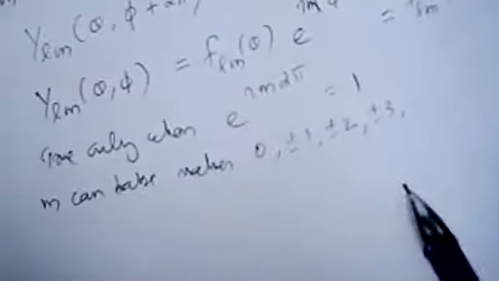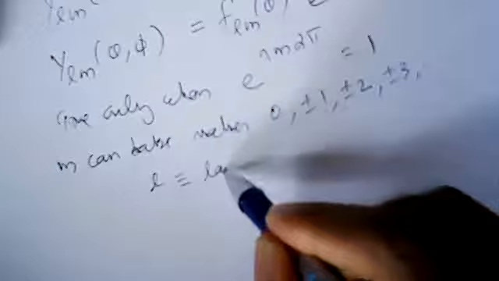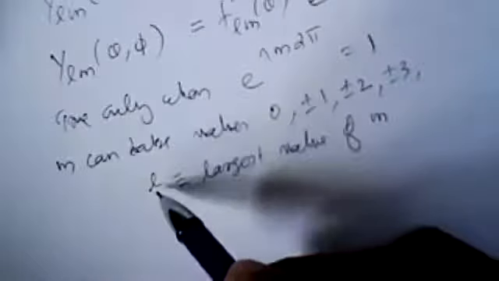Now we already know, what is l? The l value is the largest value of m. From the discussion of the eigenvalues case, we know l is the largest value of m, or m is the component of l, or the reverse, l is the largest value of m.